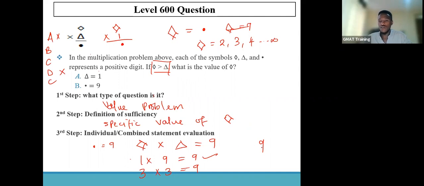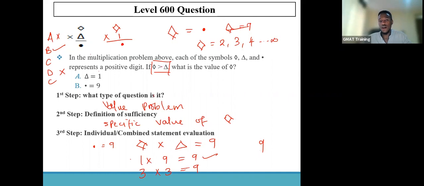So since we've identified a specific value of this symbol, answer choice B becomes our correct answer.